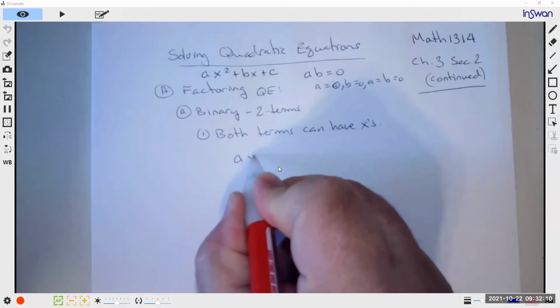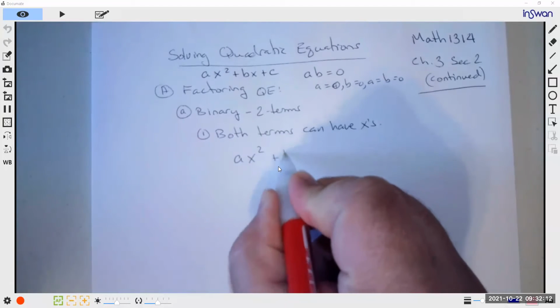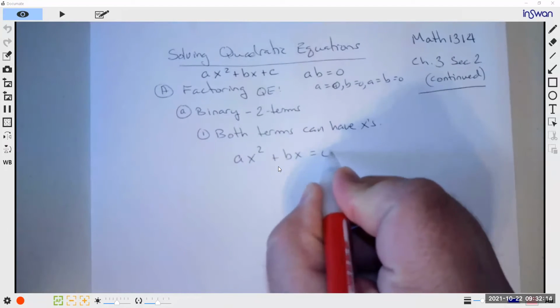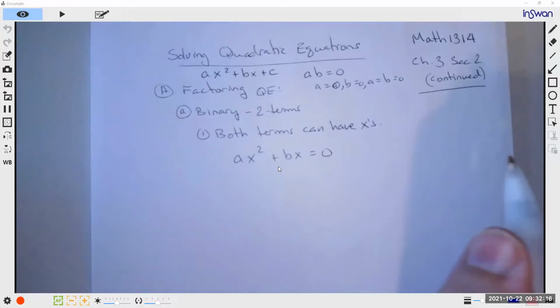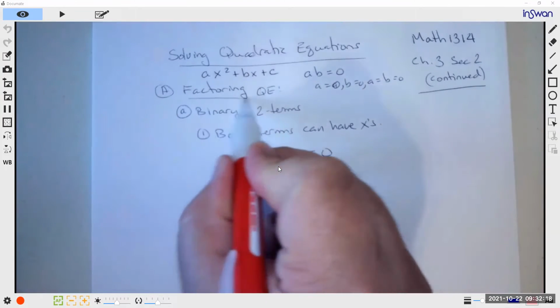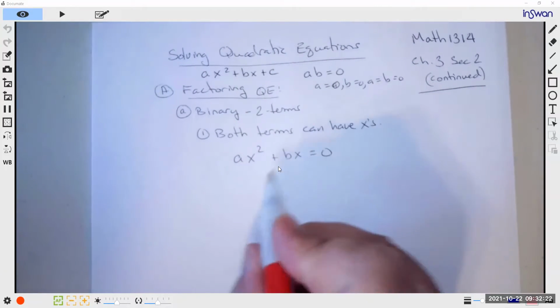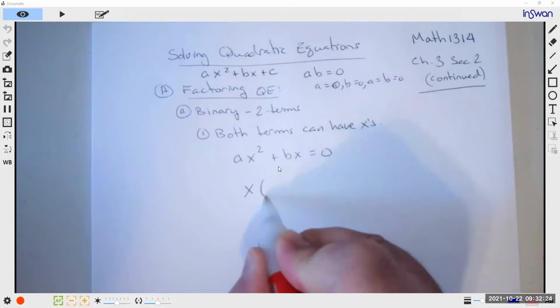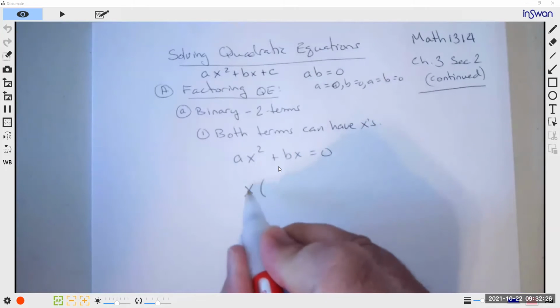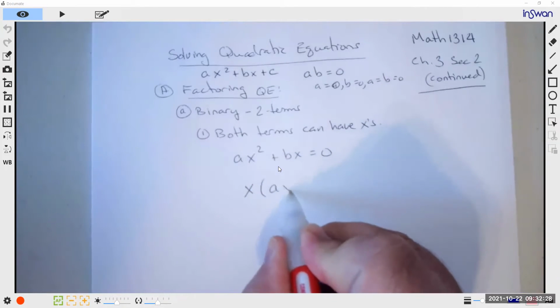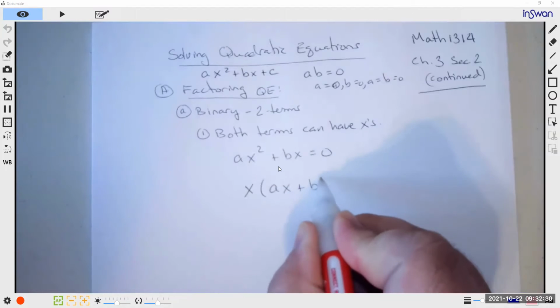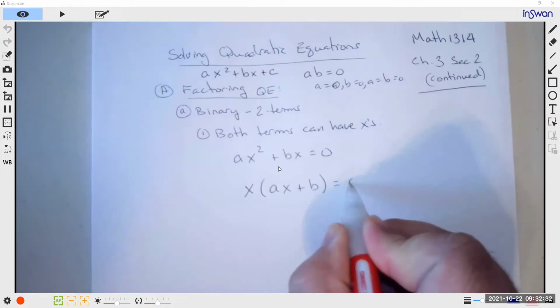It'll look like this: ax squared plus bx equals 0. To solve this equation, we factored out what was common in both of these terms, an x. We ended up with x times (ax plus b) equals 0.